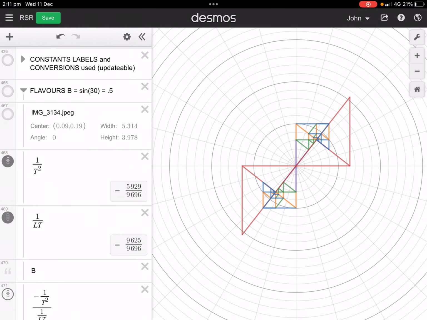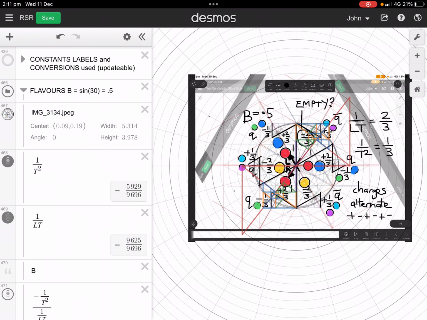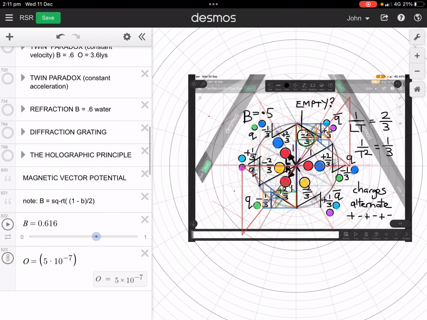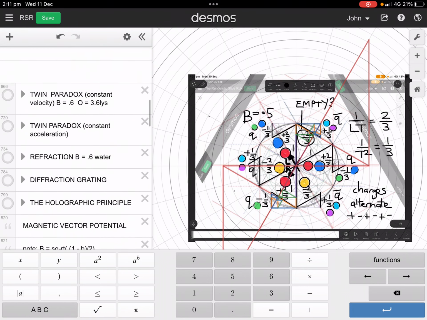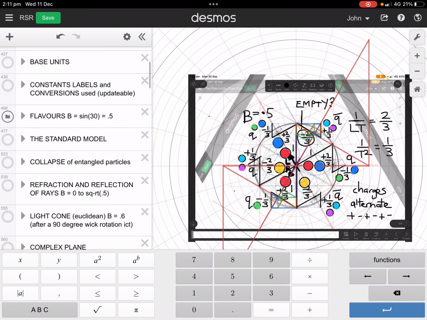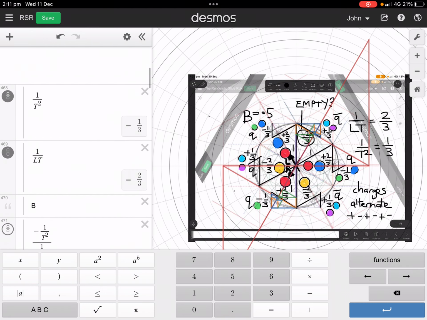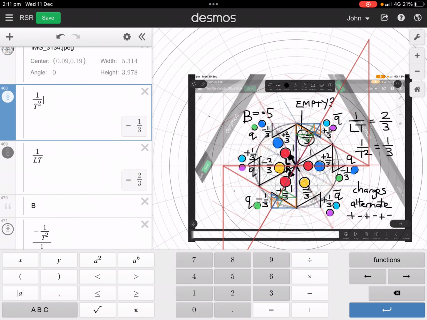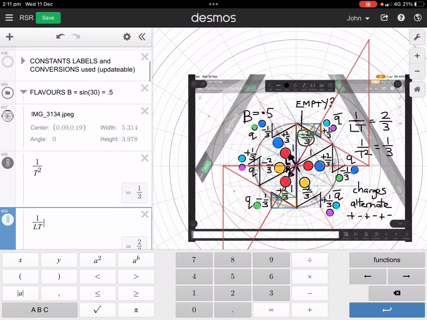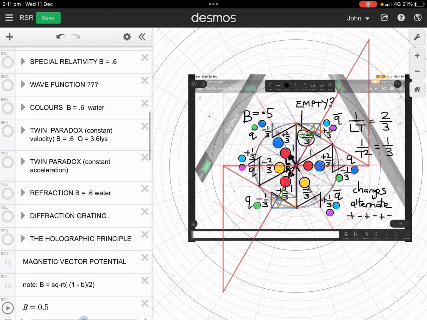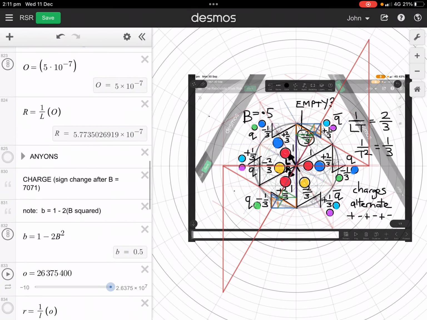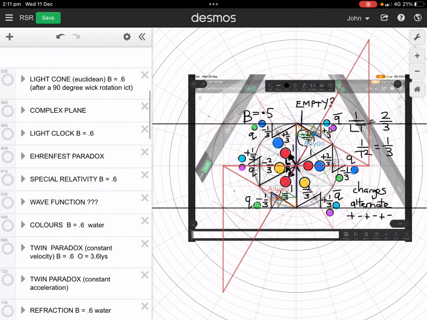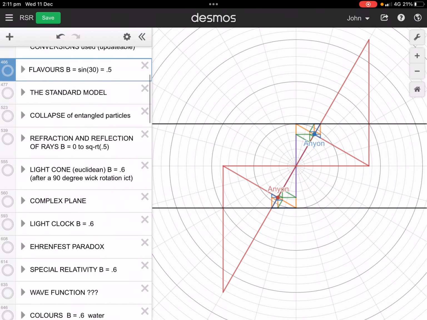And then I've put in flavours and shown that you get the right partial charges on those anyons. So they're the anyons. That's where they are.